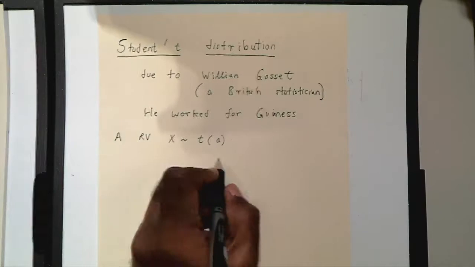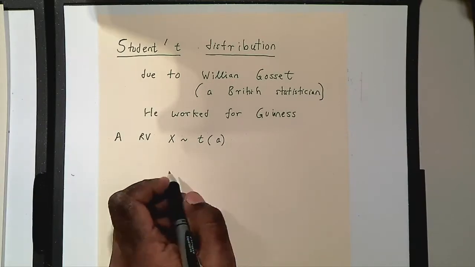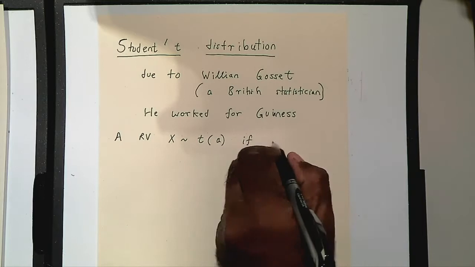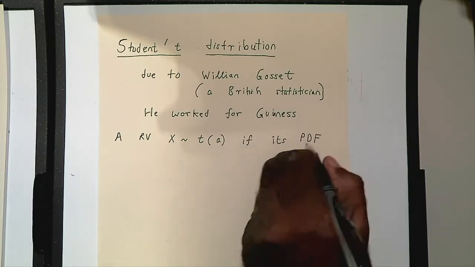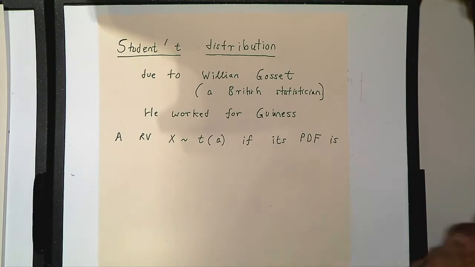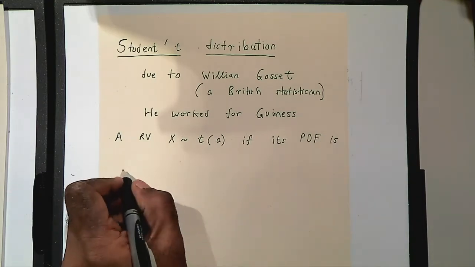This is the notation I will use: a little t with parameter a, if its PDF is the following.